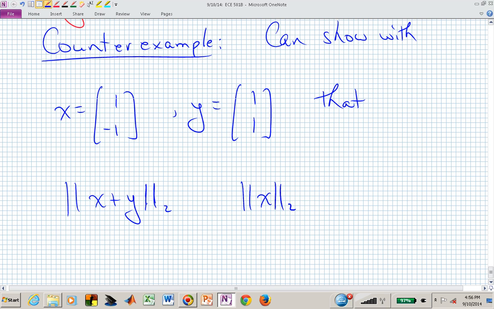What's the 2 norm of y? Square root of 2. So now is 2 equal to 2 times the square root of 2? No. So there's our violation. Additivity is violated.